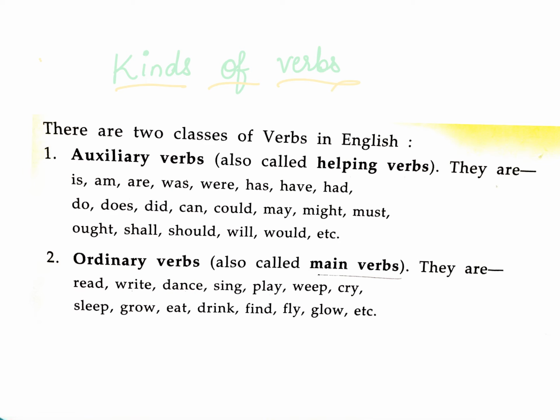Kinds of verbs. There are 2 classes of verbs in English, auxiliary verbs and ordinary verbs. Auxiliary verbs are also called helping verbs. They are is, am, are, was, were, has, have, had, do, does, did, can, could, may, might, must, ought, shall, should, will, would, etc. Ordinary verbs are also called main verbs.